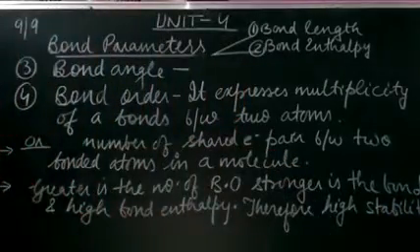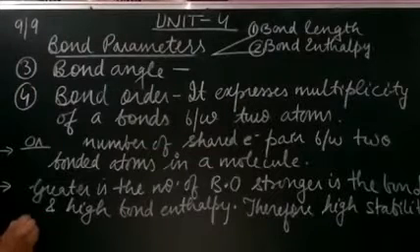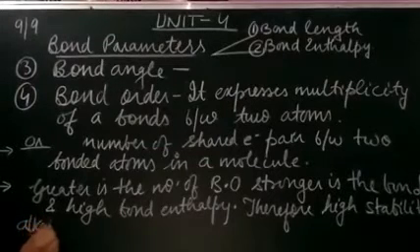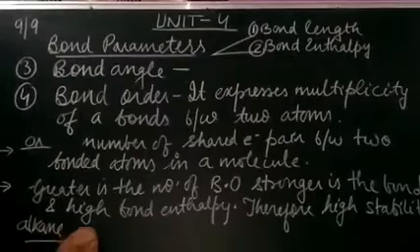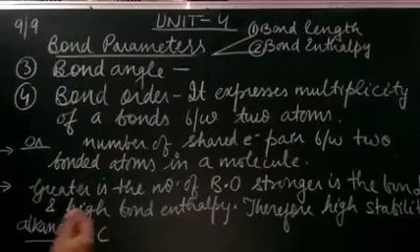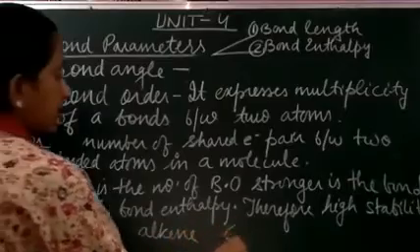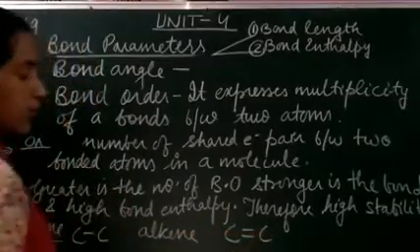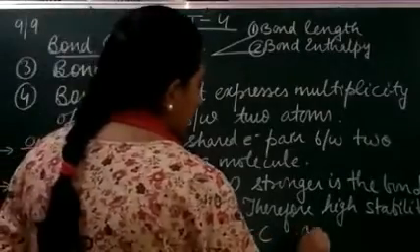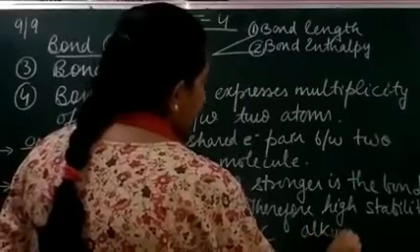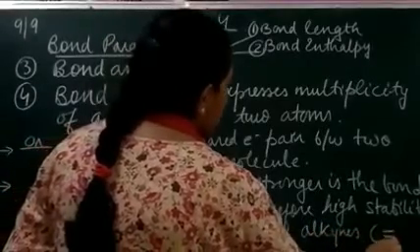Right? For example, in alkane, you can see that we have a carbon-carbon single bond. But in alkene, we have a double bond between the two carbon atoms, and in alkynes, we have a triple bond.